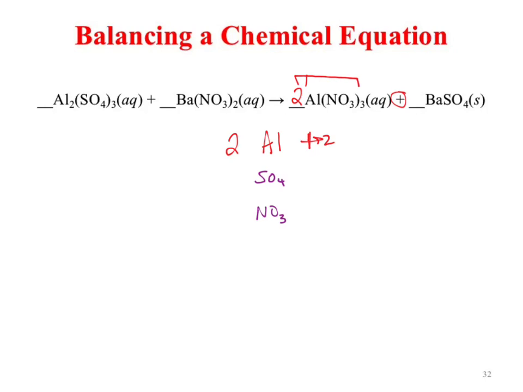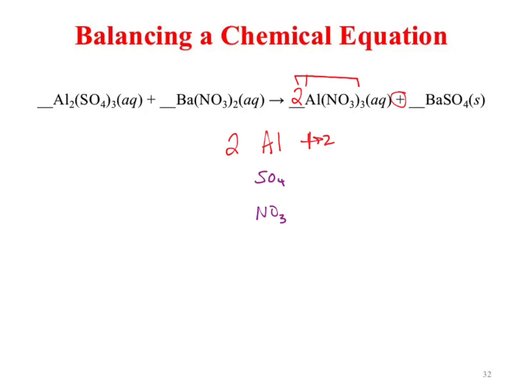I have SO4 on the left-hand side. Do I have SO4 on the right-hand side? Yes. Did anything happen to it? I changed the number of them, but did anything happen to it itself? No. If nothing changed about its identity, I can balance it as an entire unit. I don't have to break it down into the individual atoms.